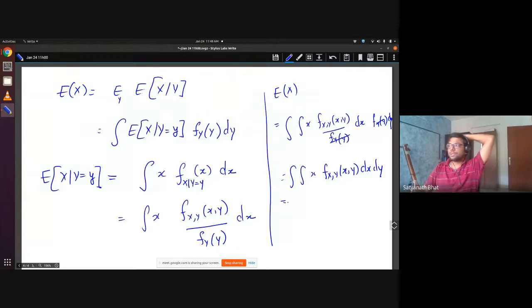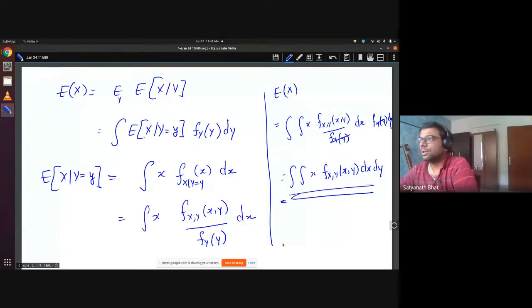So this is nothing but the definition of E of x. When there are multiple random variables and you want to find the expectation, you have to integrate with respect to the joint, and then you get this. So this is just a small recap.